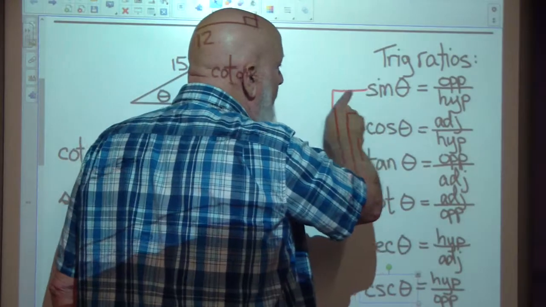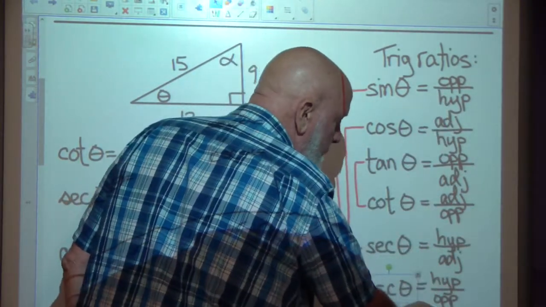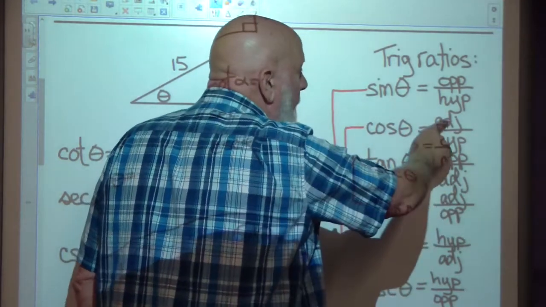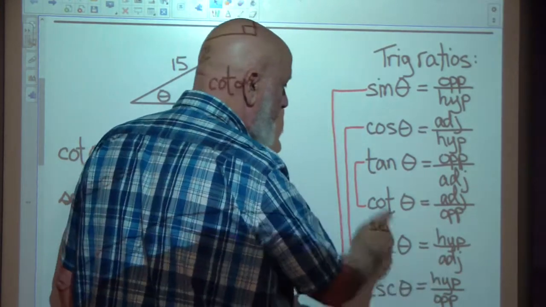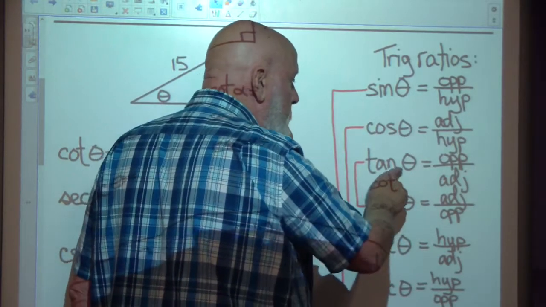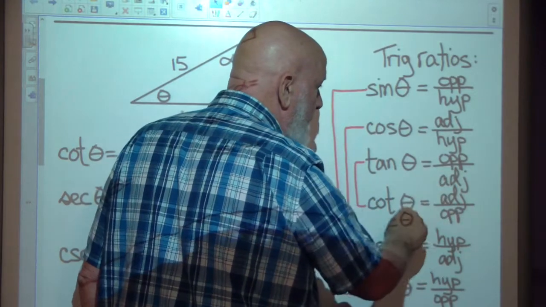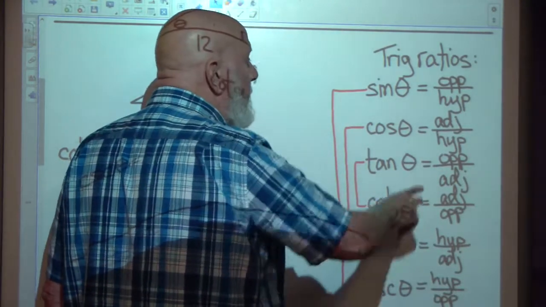The reciprocal of sine is cosecant, so opposite over hypotenuse becomes hypotenuse over opposite. Cosine is the reciprocal of secant, so adjacent over hypotenuse becomes hypotenuse over adjacent for the secant. Tangent and cotangent are reciprocals and cofunctions. They're the only cofunctions that are reciprocals. The tangent is opposite over adjacent, and the cotangent is adjacent over opposite.